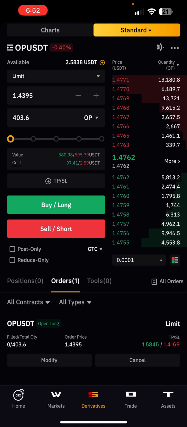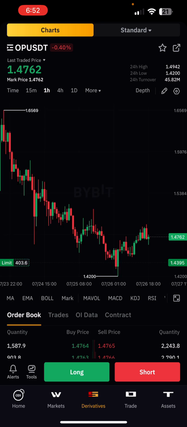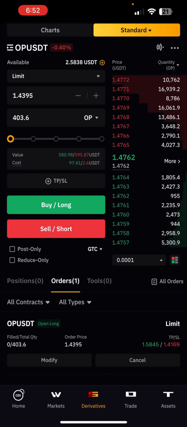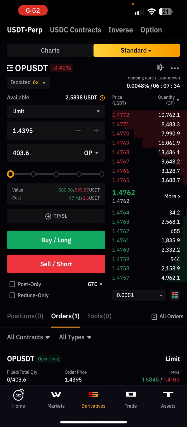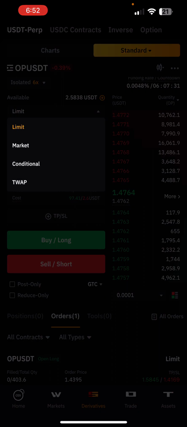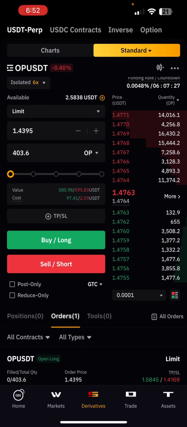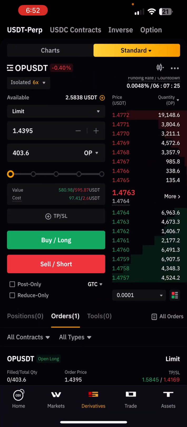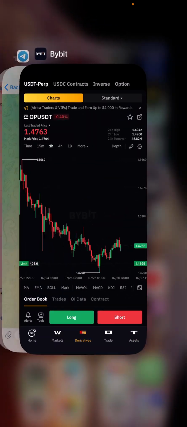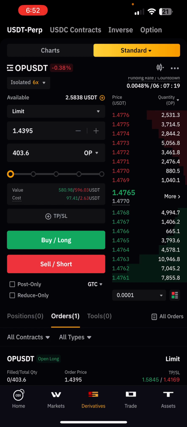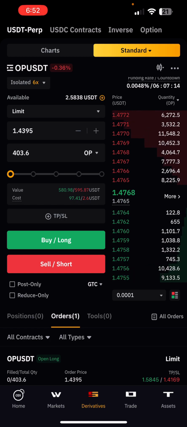So we are going to be waiting for the price to dump back to our entry given in the signal. So that's just it. Now don't make the mistake of changing this to market. For example, if a signal states a specific entry and the entry has not triggered, that means the trade must wait for the entry.